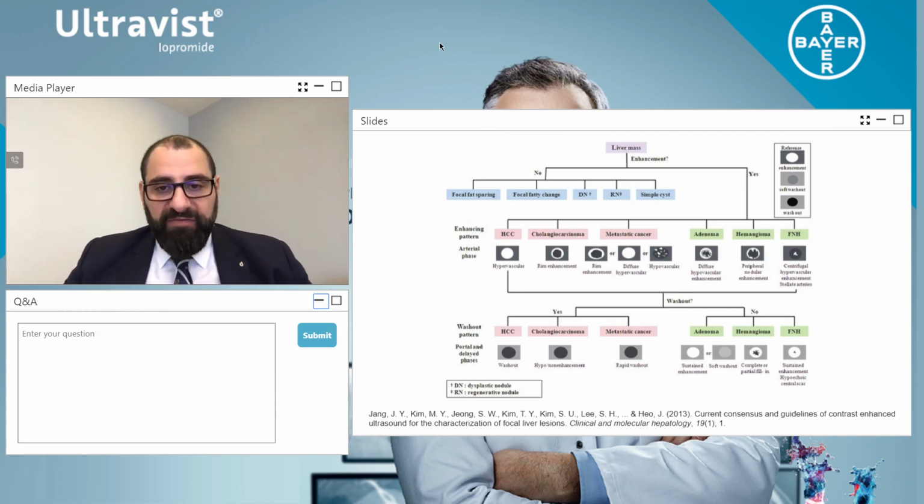If it completely washes out relative to liver parenchyma, then we're going to know this is metastatic in nature, but we don't know until we have the right timing. And it's also the opposite with adenomas. Now, to get this right, radiologists can do this very, very well. But more importantly, they'll go through a biopsy to confirm diagnosis.